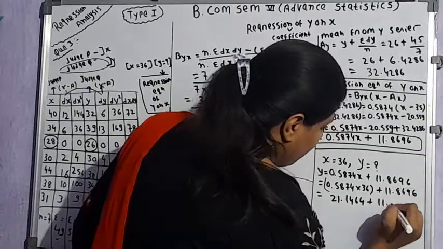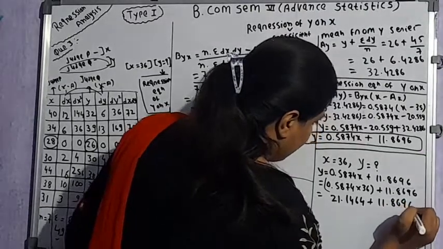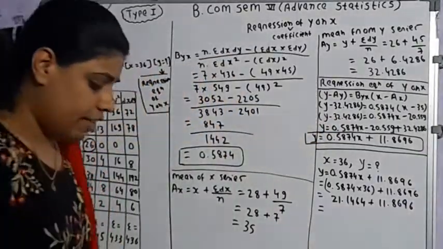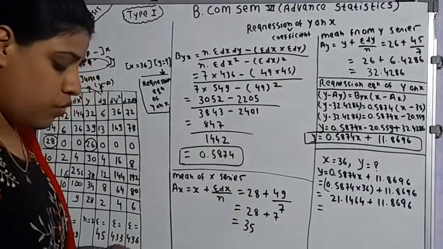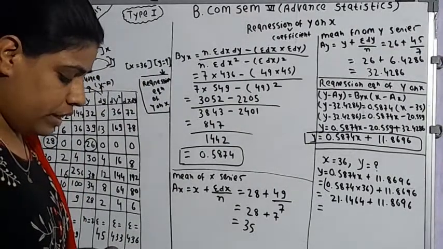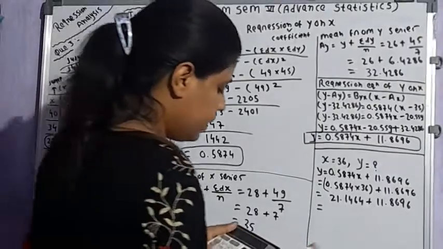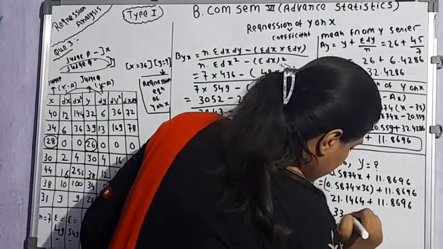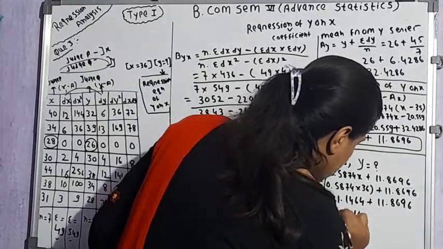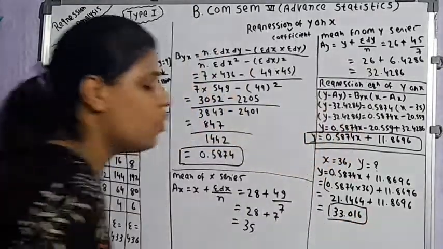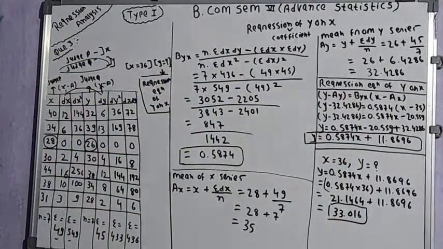Plus 11.8696 comes to 33.016. So 33.016 is the marks which would have been given to the 8th candidate if Judge Q was available.